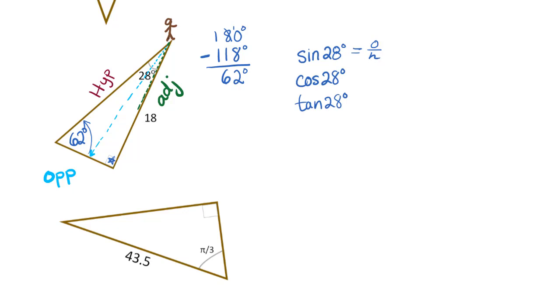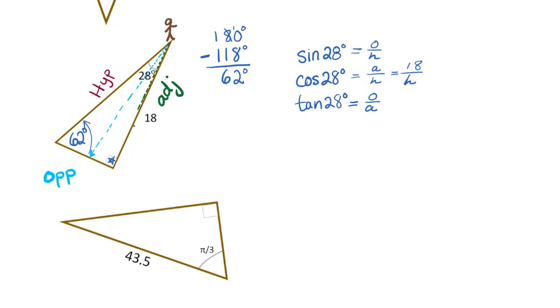If I went with adjacent over hypotenuse, that would be more appropriate because I know that adjacent is 18. And I still don't know hypotenuse, but that's okay. Then I'm only left with one unknown. Now if I look at tangent, that's opposite over adjacent.